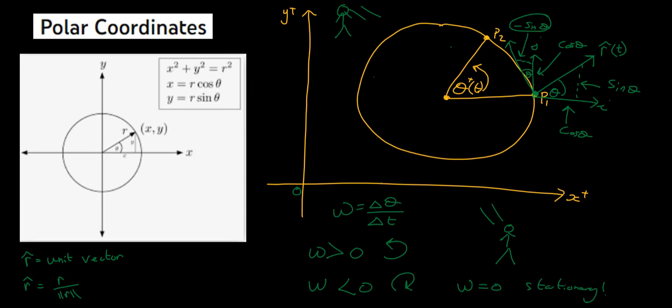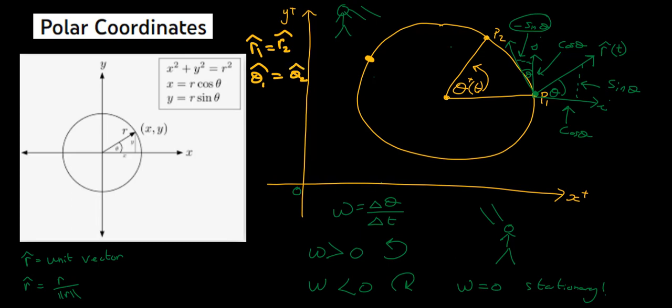Another misconception is that, let's not use position, radius 1 is equal to radius 2, and let's say angle 1 from this position going over to this position is equal to angle 2.